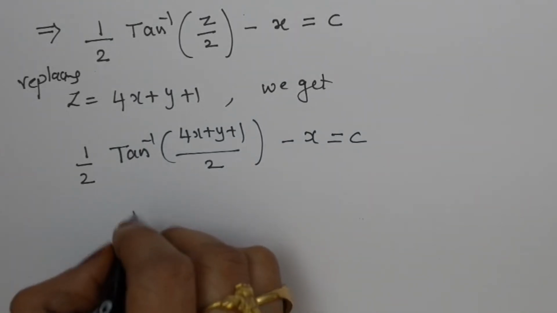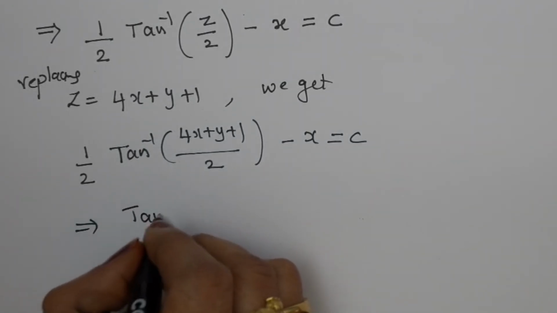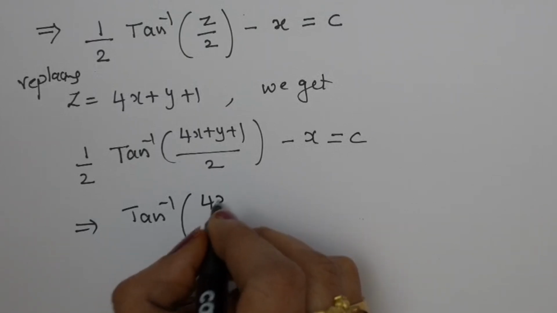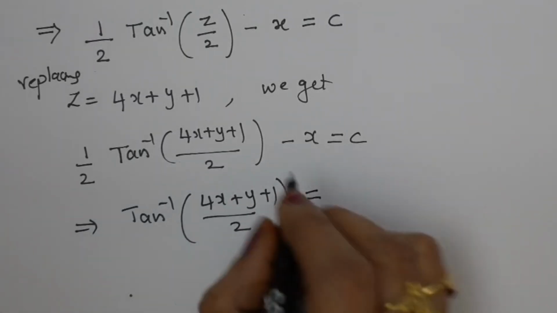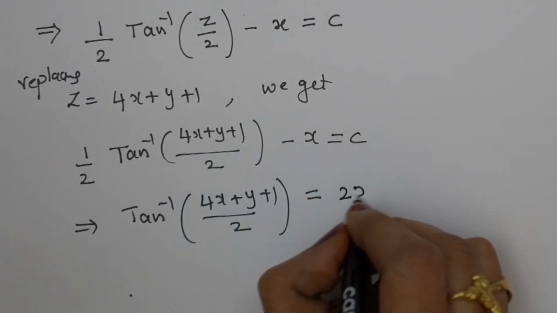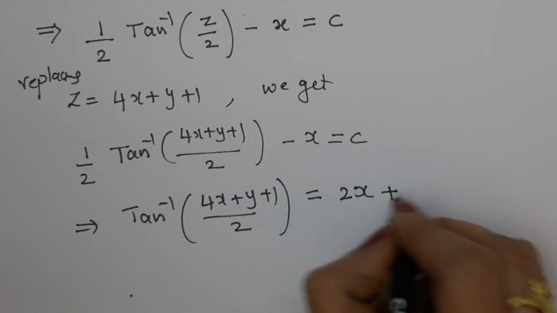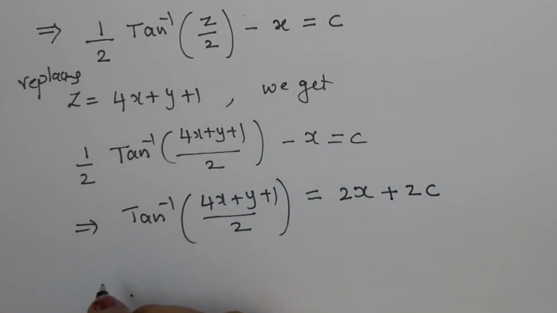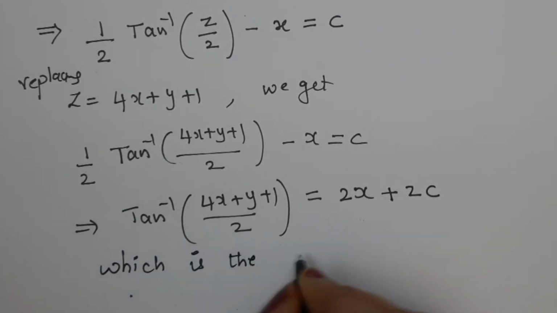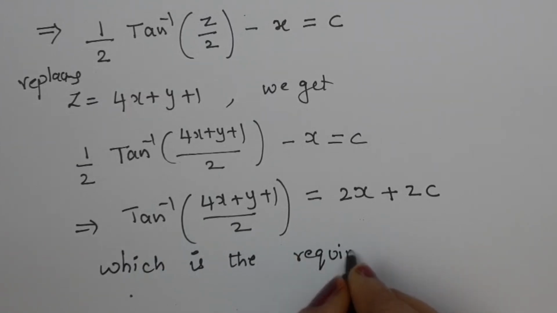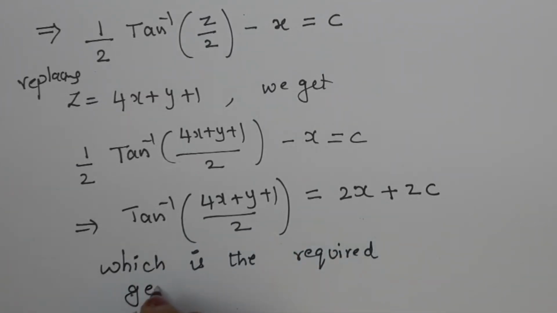So, this can be written as tan inverse 4x plus y plus 1 by 2 is equal to 2x plus 2c, which is the required general solution.